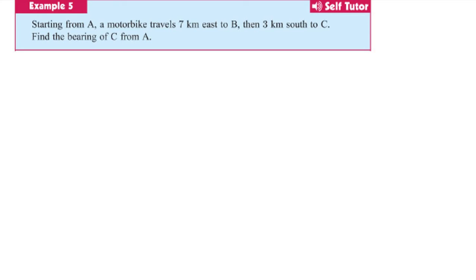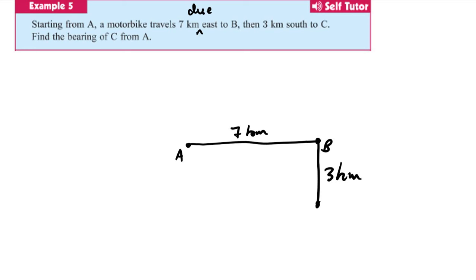Starting from point A, one of the key success criteria here is that you can draw the diagrams correctly. We're starting from A, we travel 7 kilometers east, and sometimes it would say due east there, which means directly east, to B, then 3 kilometers south to C. So obviously we can see there's a path there, and it's made a right-angled triangle.